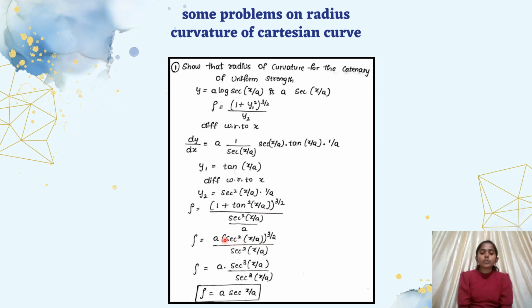Therefore, rho = a into (sec²(x/a))^(3/2) divided by sec²(x/a). The 2 cancelled. Rho = a into sec³(x/a) divided by sec²(x/a). The sec²(x/a) cancelled. Therefore, rho = a sec(x/a).